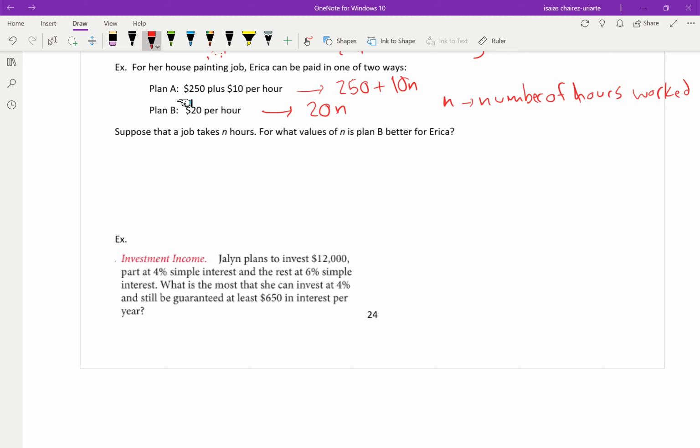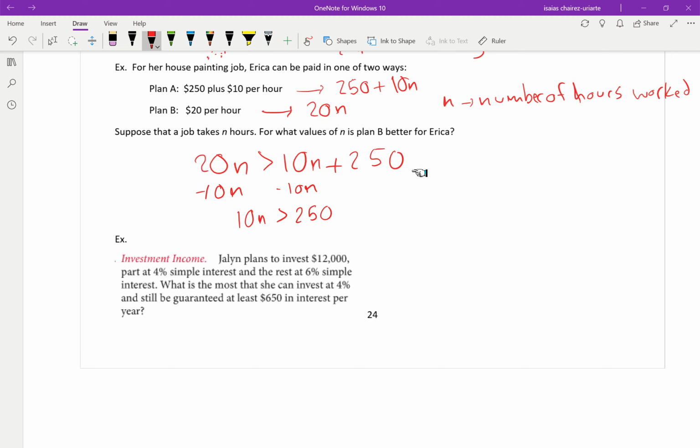Alright, so what it's going to require is this. Plan B is the 20n. I want 20n to be bigger than 10n plus 250. I want to make sure that plan B is better than plan A. So let me solve this inequality. 20n minus 10n, that's 10n, bigger than 250.